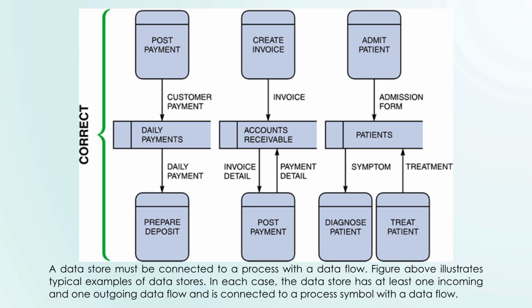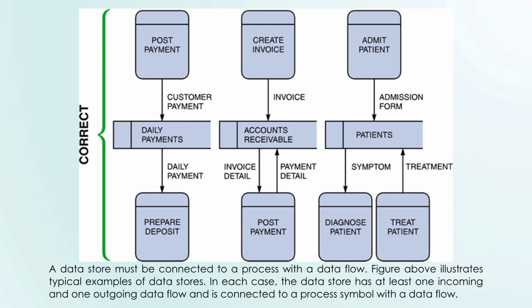The name of the data store appears between the lines and identifies the data it contains. So you have to choose a name that represents the data that you store in the data store. For example, daily payments.